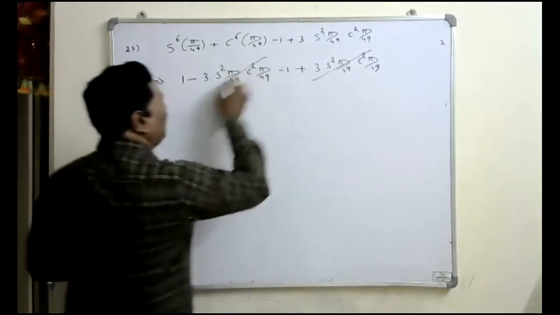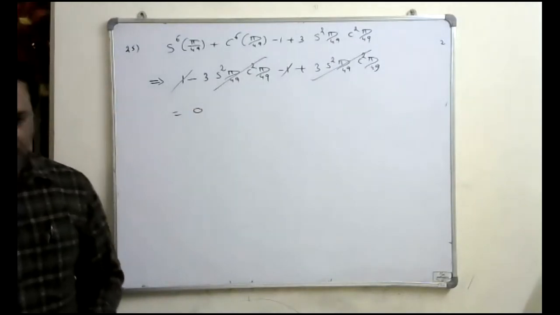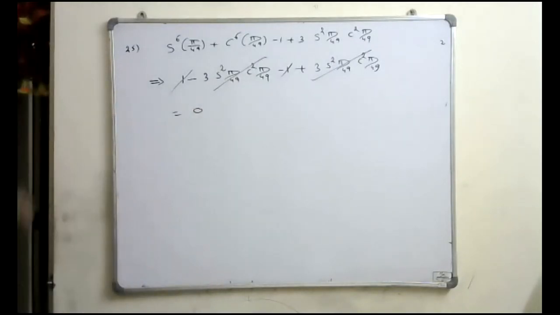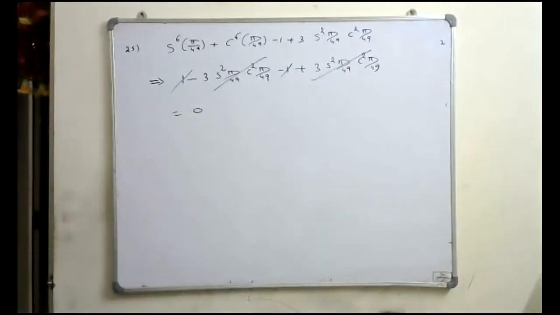Observe that these two terms get cancelled, and 1 and −1 get cancelled, so the answer is 0. Get it? Get the next problem.